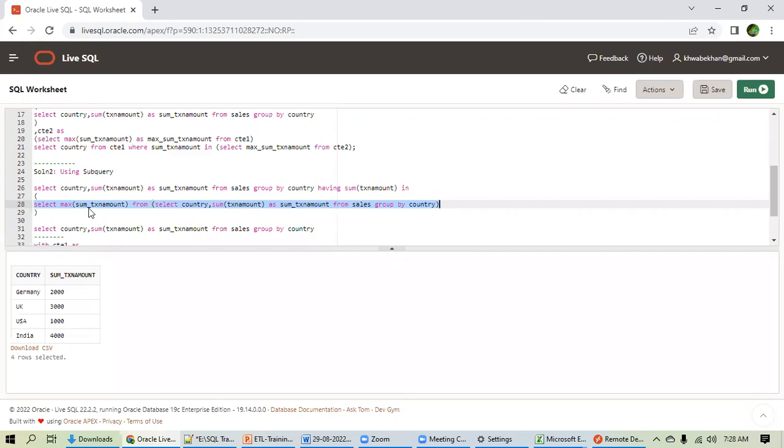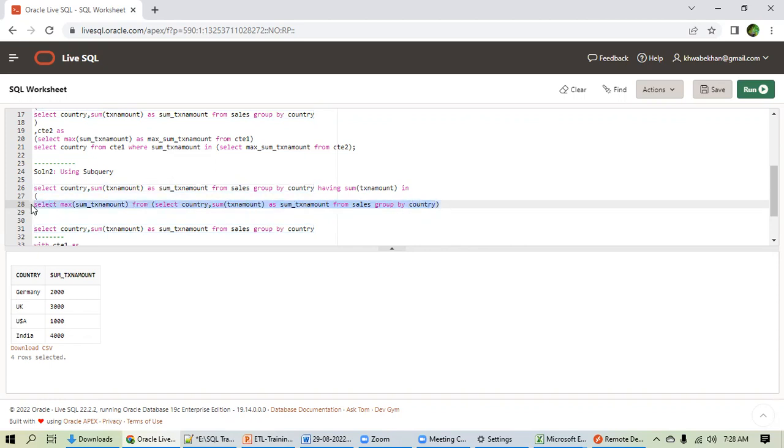So here actually what I'm telling the SQL engine is: I want the maximum of the sum of transaction amount, and you will get this data from this query. So first of all, you execute this inner query, and from whatever data you get from this inner query, tell me the maximum of sum of transaction amount. So this is the meaning of this query.